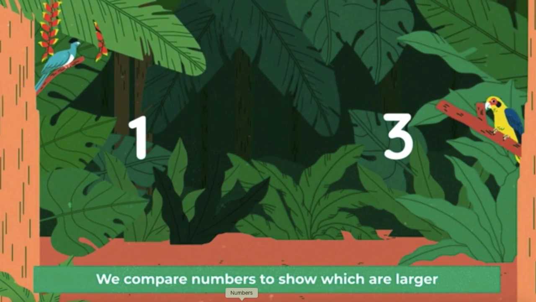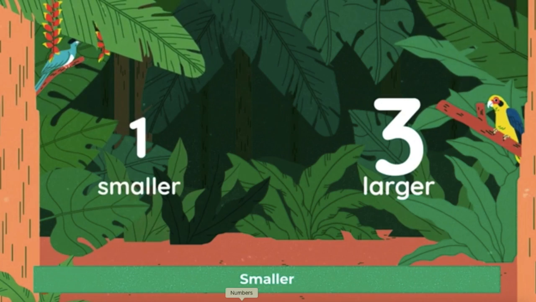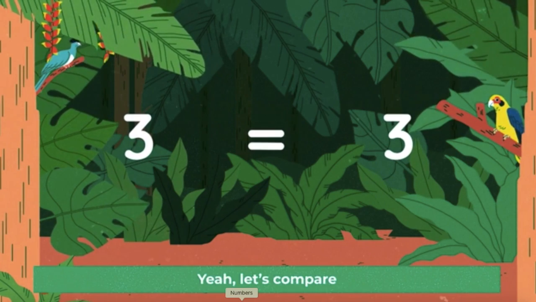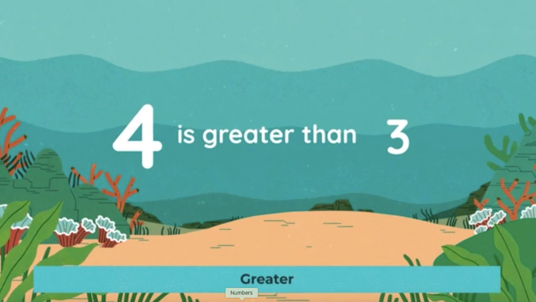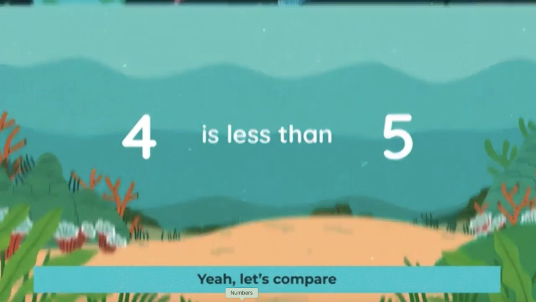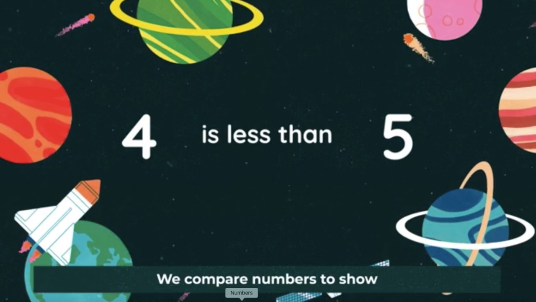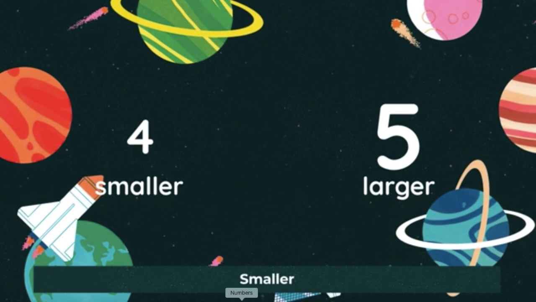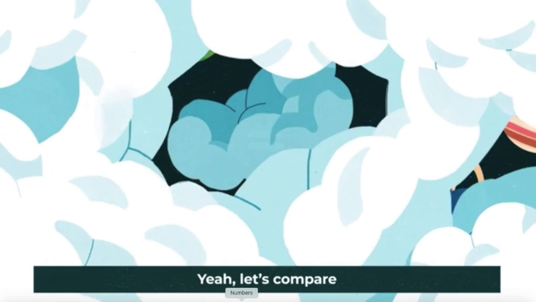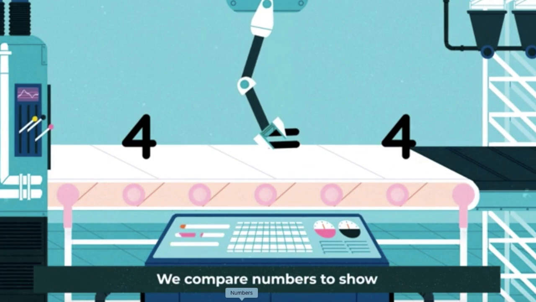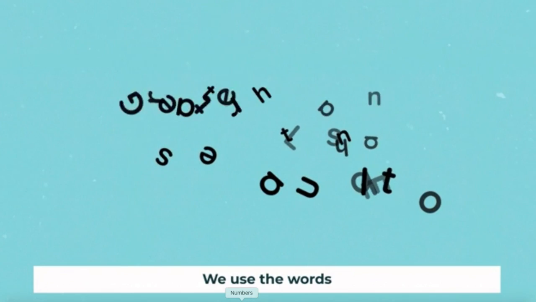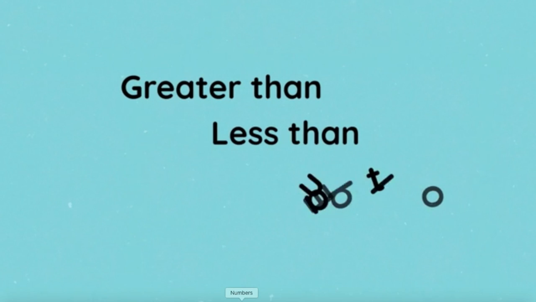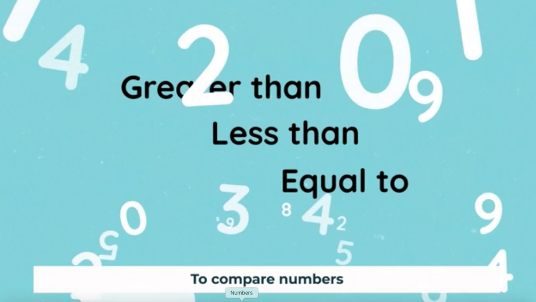We compare numbers to show which are larger, smaller, and which are the same. So, like we heard, we use the words greater than, less than, equal to compare numbers.